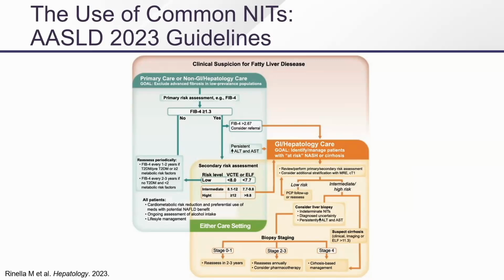Again, FIB-4 has the three categories, and for primary care we need to simplify this. So we are leading a global effort to simplify some of these guidelines and come up with a unified approach to how to use these NITs and where the treatment should come in.